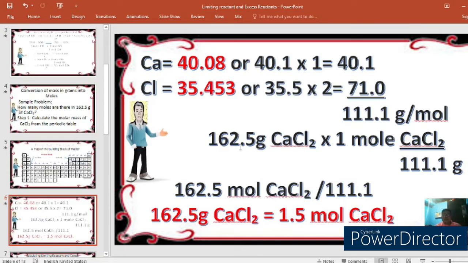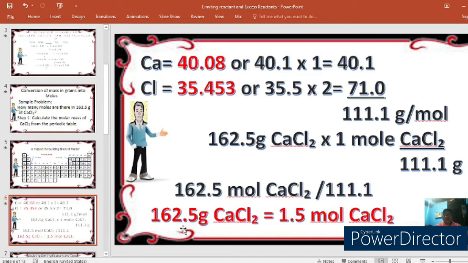So 162 grams calcium chloride times 1 mole calcium chloride divided by 111.1 grams. So we have to cancel grams here and also here. So what is left is 162.5 moles calcium chloride divided by 111.1 to give us 1.5.